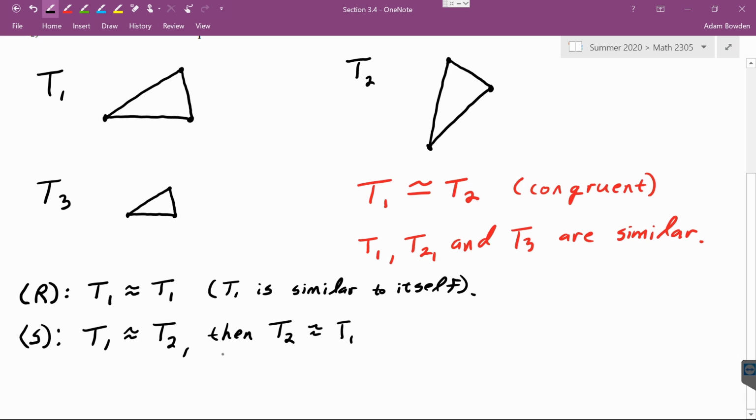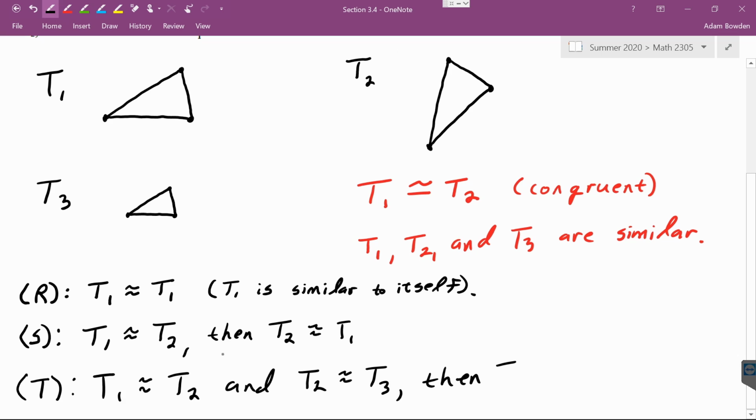So it is symmetric, and then transitive. If triangle T1 is similar to triangle T2 and triangle T2 is similar to triangle T3, then we can understand that triangle T1 is also similar to triangle T3.